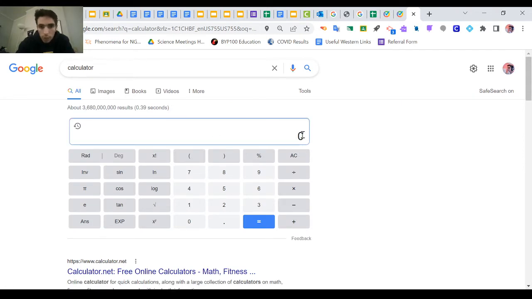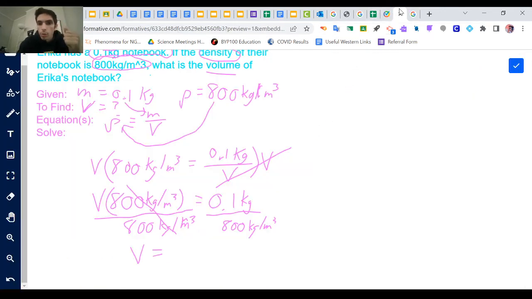If you just search calculator in Google, it will come up with this, and it's very useful. So we have 0.1 divided by 800. And that gets us 0.000125. And then the question at this point would be, what are our units?